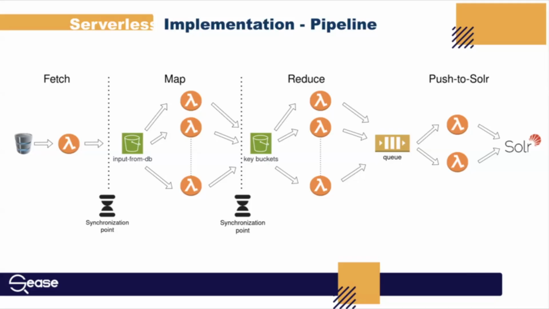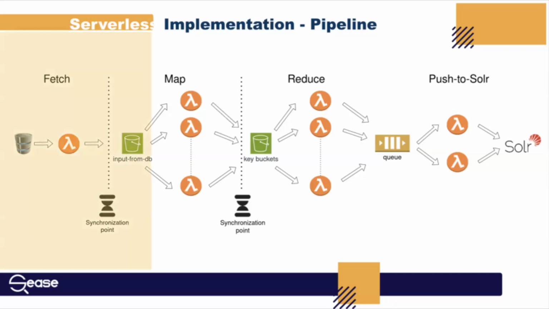At the end, we have a file for each song ID, containing all the information about a specific song. Afterwards, we run the reduce, and the result goes into an SQS queue. We need it to decouple the MapReduce phase from the push into Solr phase, because this MapReduce can be extremely fast, and if you don't decouple it, you risk bombarding your search engine. And finally, we push to our search engine, Solr in this case.